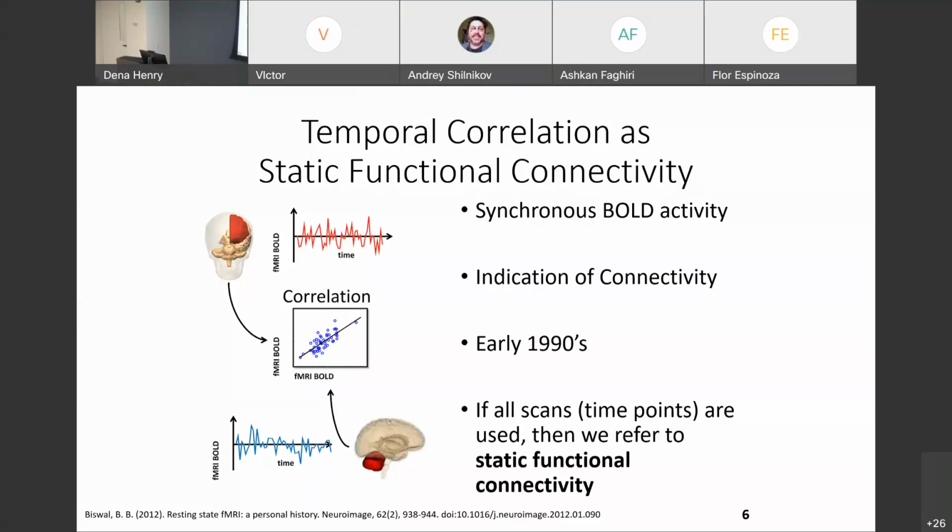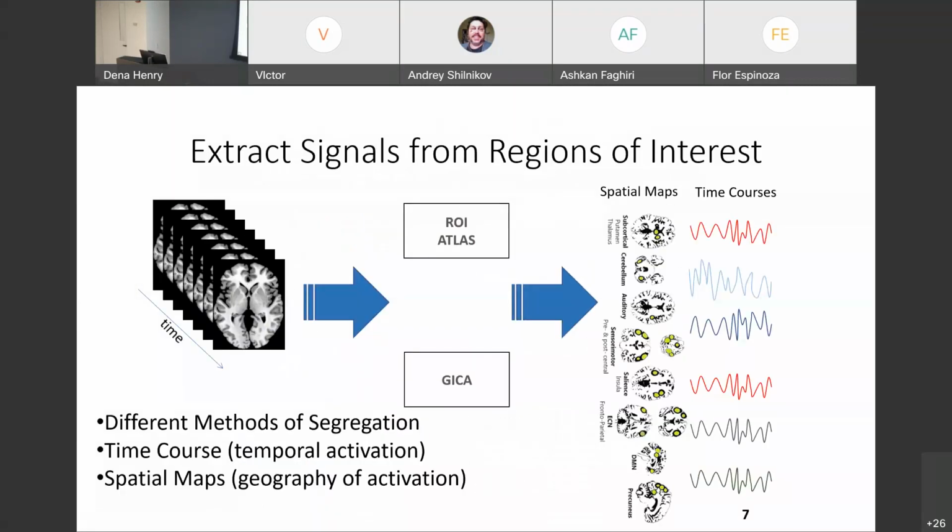However, we are not interested in just two parts of the brain. Usually we want to get a set of parts of the brain, a set of ROIs, and estimate how much they are connected among them. Those sets of ROIs can be selected by hand, or there are atlases that you can use.